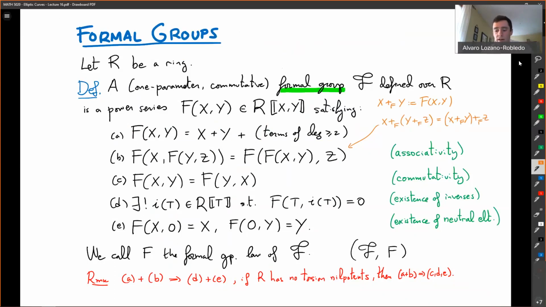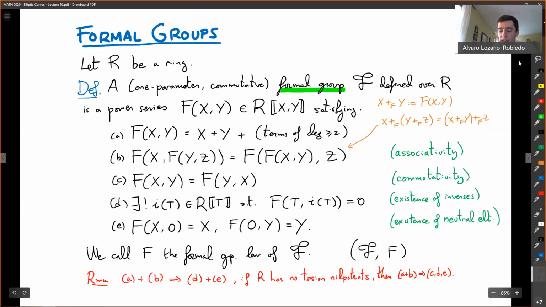This is a very cumbersome notation when you use it as a power series in two variables, but if you think of capital F as just addition, then it makes sense that this is just associative. This is the associativity. It is commutative.